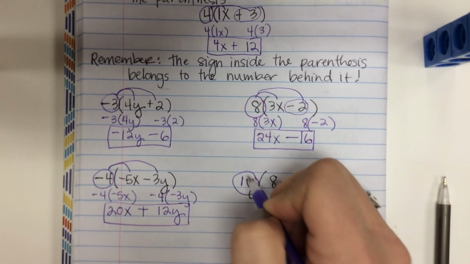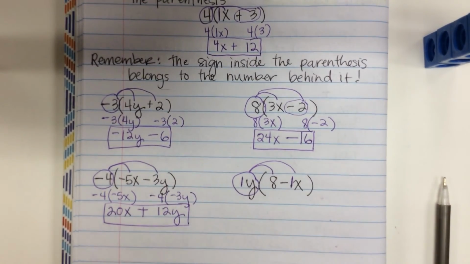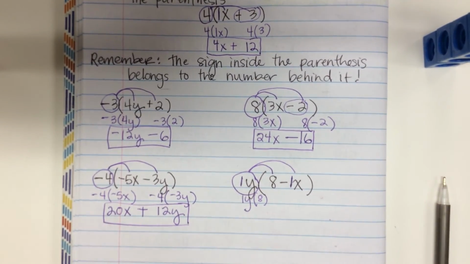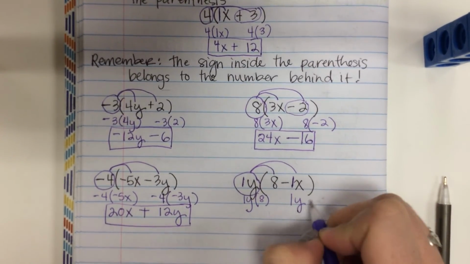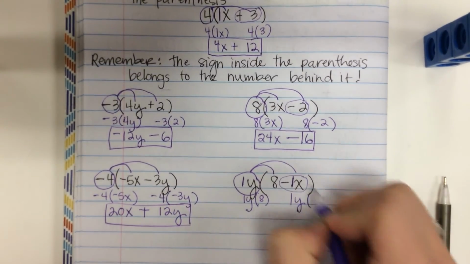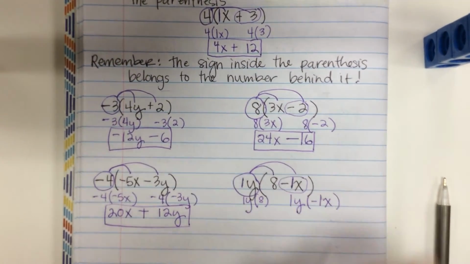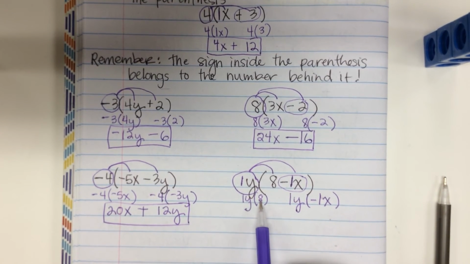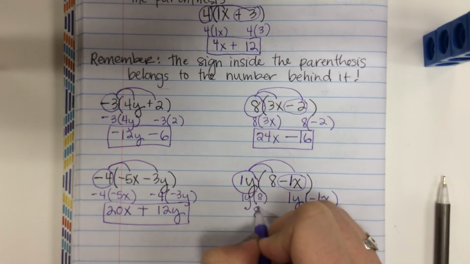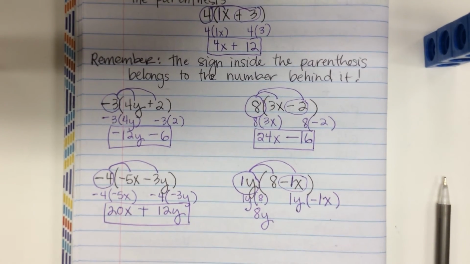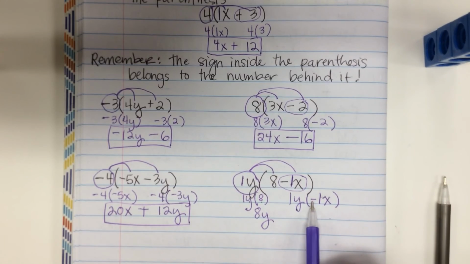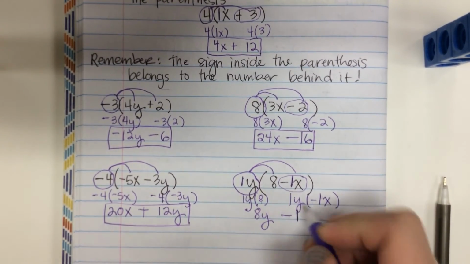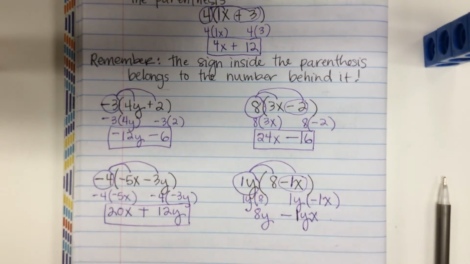Circle the 1y and distribute it to both inside. 1y times 8 and 1y times negative 1x. 1 times 8 is 8y. 1 times negative 1 is negative 1. And y and x, they don't go together, so I just write them side by side.